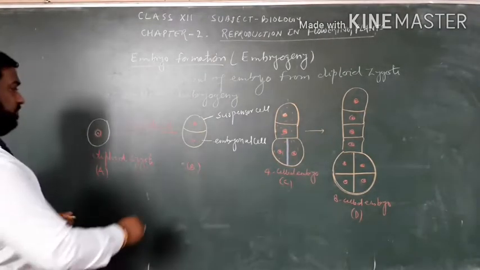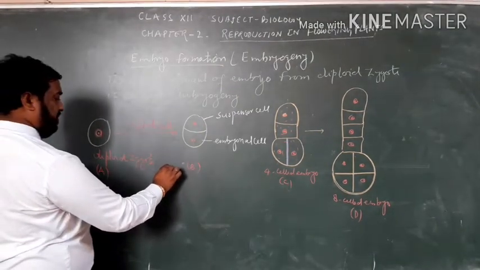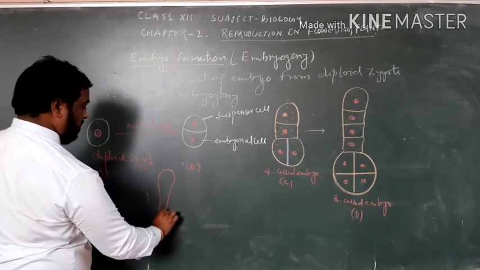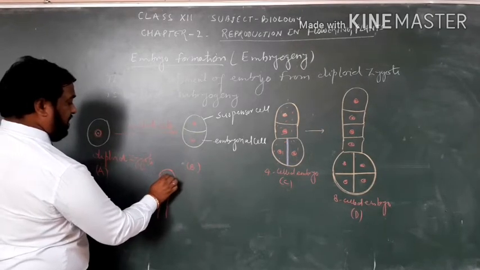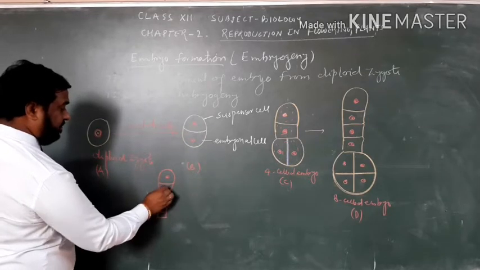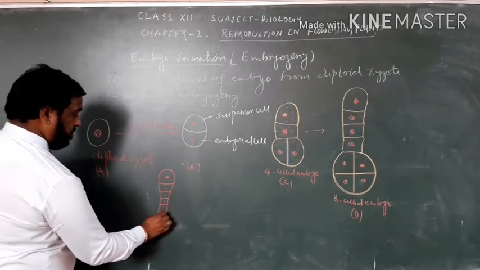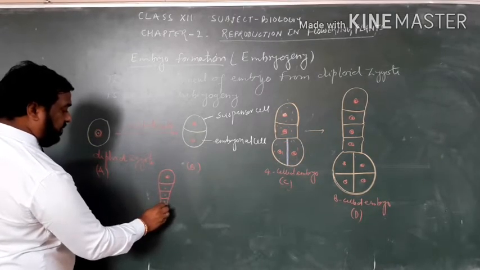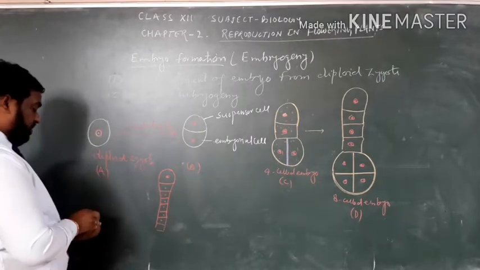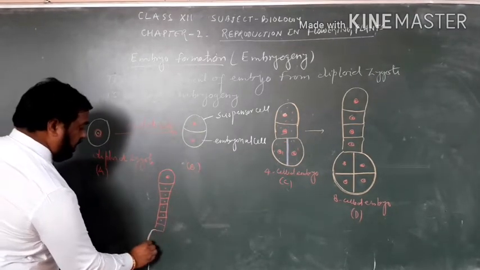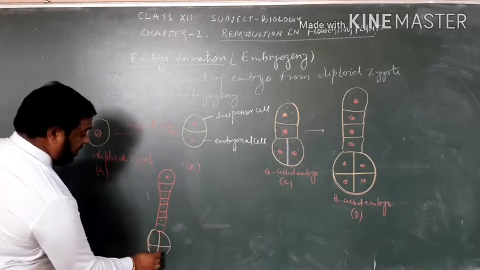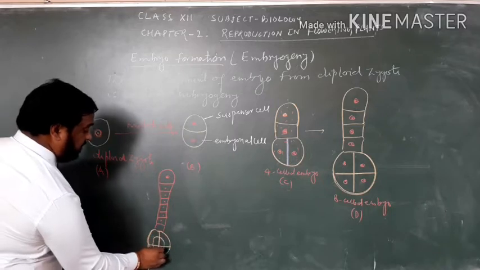So next here like that, upper cell, then the remaining cells are there, 1, 2, 3, 4, 5, 6, 7 and 8. And downward a globular 8-cell embryo forms like that.